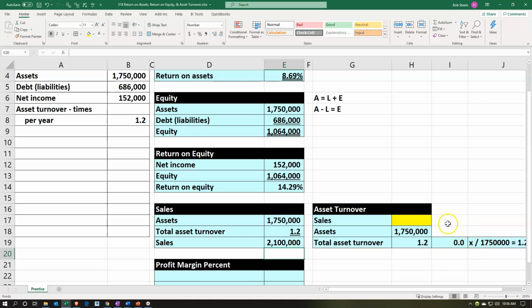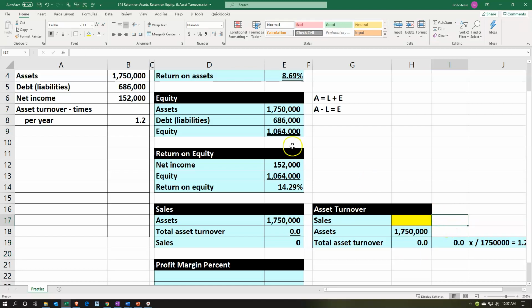That's perfectly fine. Let's do this over here now and do it with the goal seek. So let's use our goal seek and see if we could figure this out this way. And I know I deleted it over here, but that's okay. It'll come back. I'm going to say this is going to be equal to the sales divided by the assets. Then I'm going to use the goal seek to figure this out in Excel because I think that's good practice.